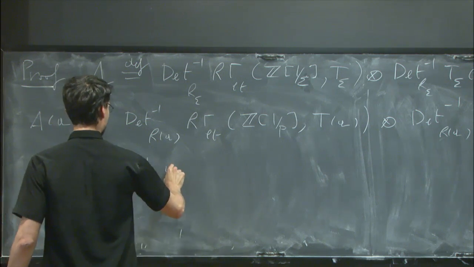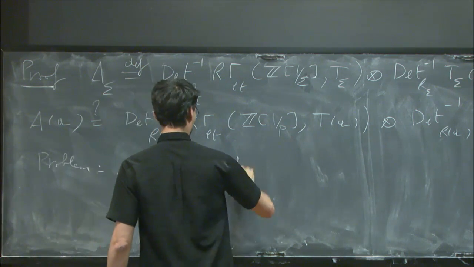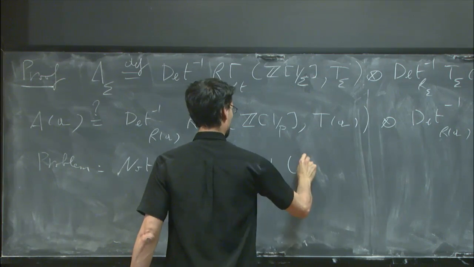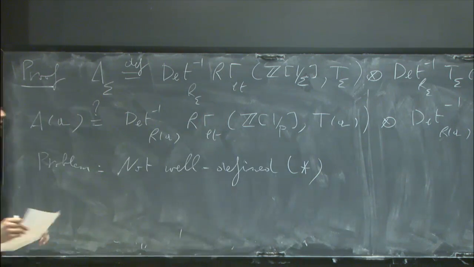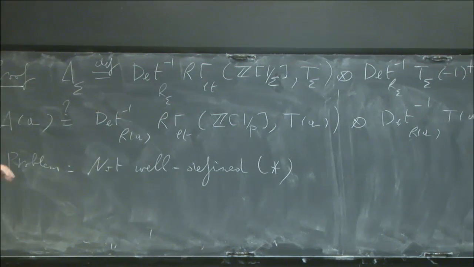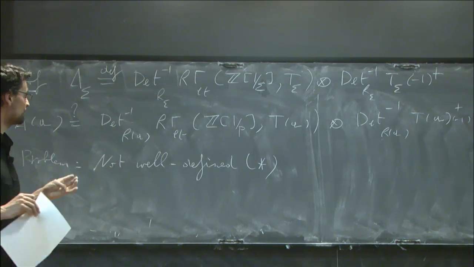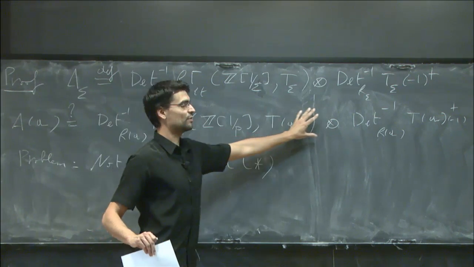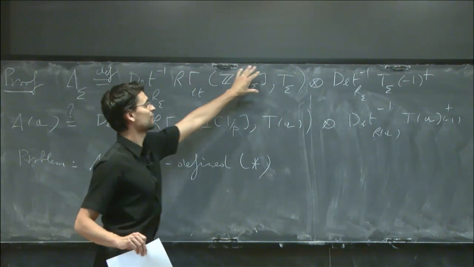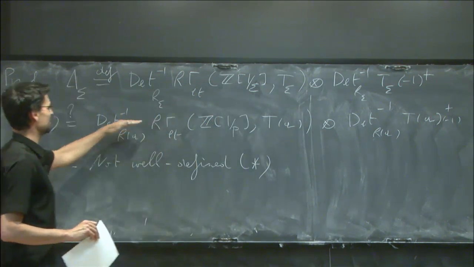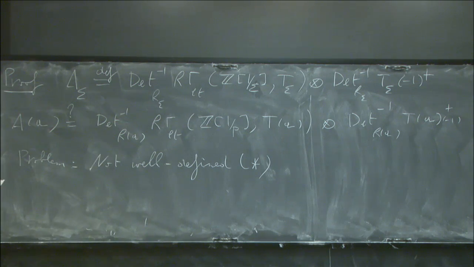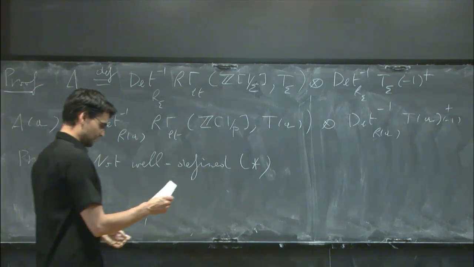And the problem is that the second object is not well defined. And why is that? Well, for experts, I will recall that the determinant functor makes sense only for perfect complexes. And this is not known to be a perfect complex, whereas this is a perfect complex. So this makes sense, but this might not. But let's forget it for the moment.